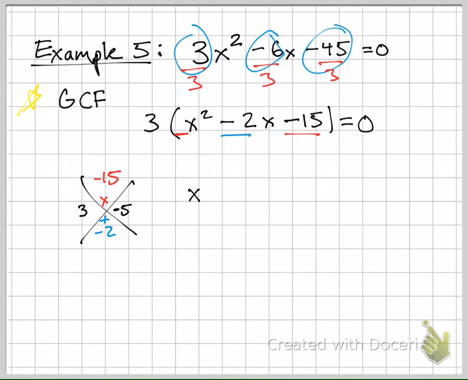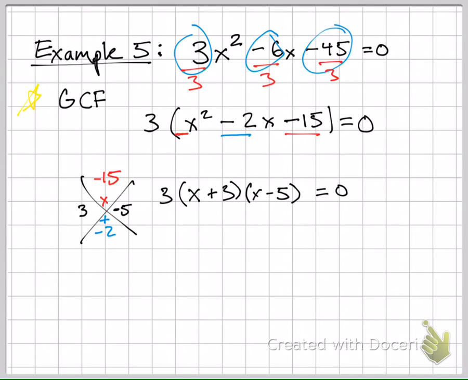Our factors: x plus 3, x minus 5. Now don't forget the 3 in the front, but really we're not going to do anything about the 3 because if I change this into 0, if I equal it to 0, 3 times 0 would still be 0. It doesn't matter. If I change this part to 0, eventually anything else you multiply by that 0 will also be 0.